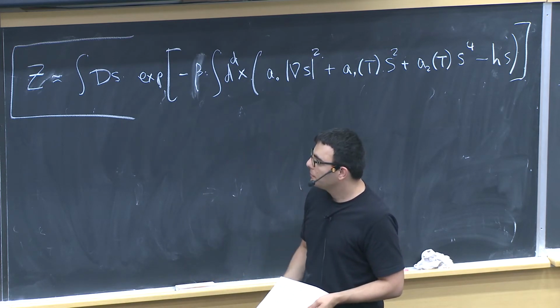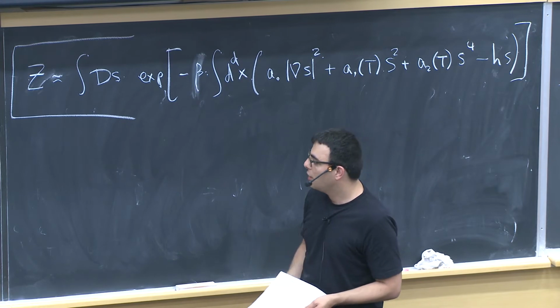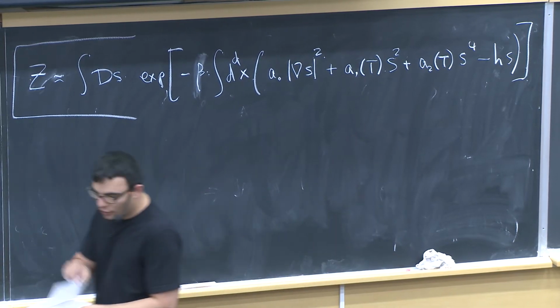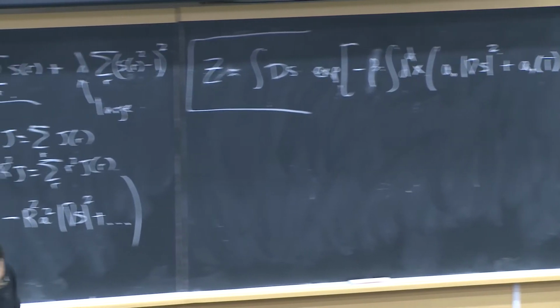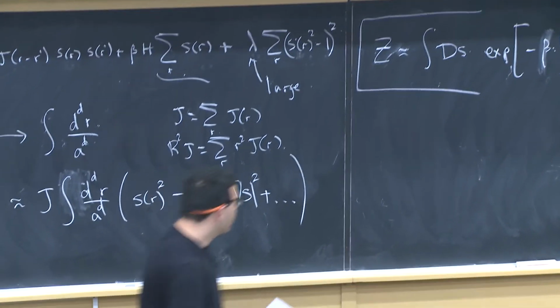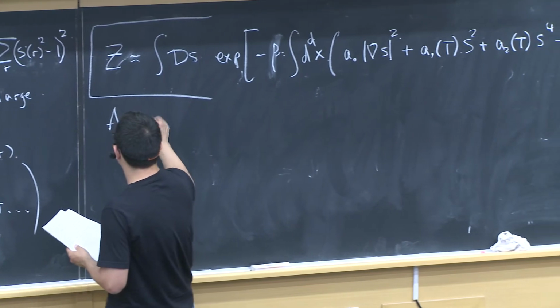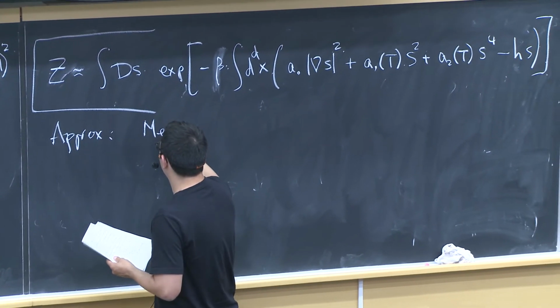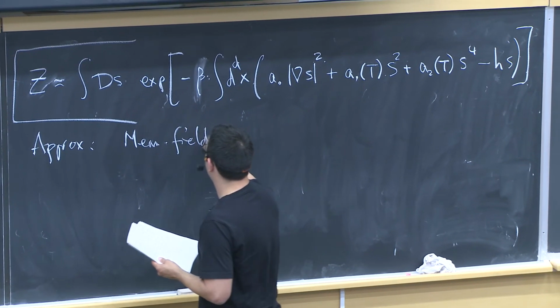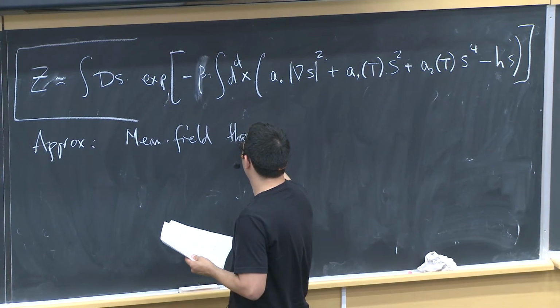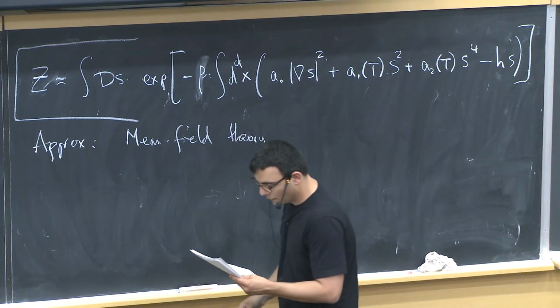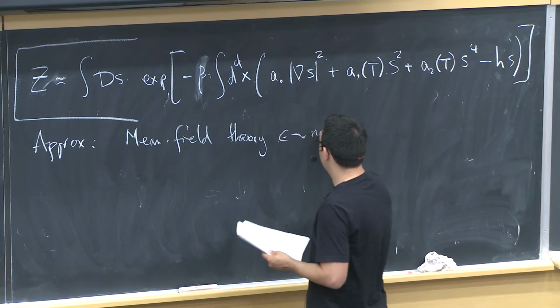And we can try to make an approximation in order to study it and understand it. And the approximation is called mean field theory. Which will not be justified.